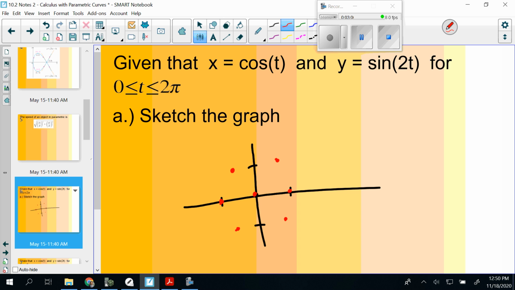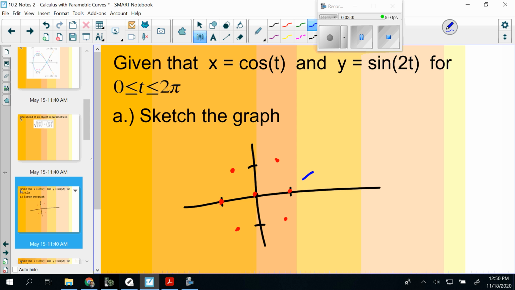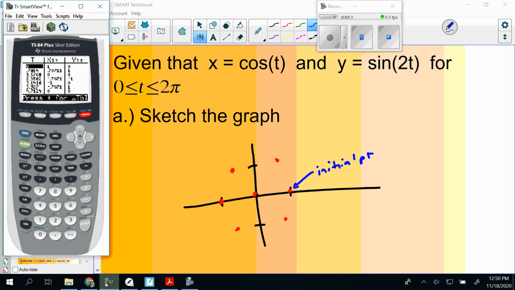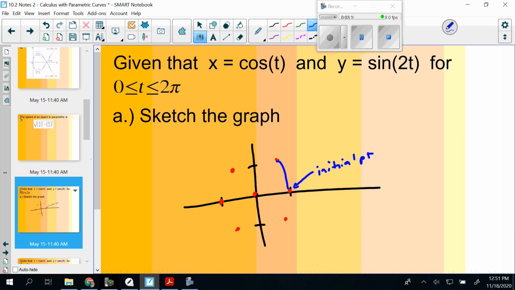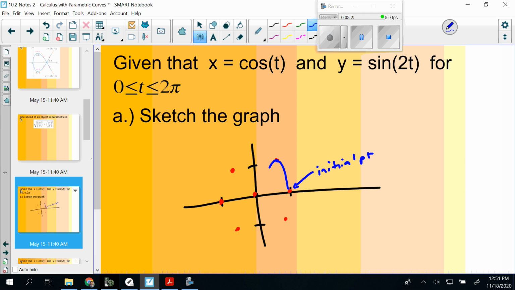So it looks like how this goes is, if you start at t equals 0, the point starts at (1, 0). So this is our initial point. And then you can see the next one is this one, so it goes up, and then if we keep going here, the (0, 0) is the next one, so it goes down here.